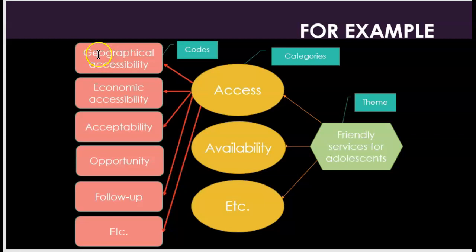Let's say, for example, you have geographic accessibility, economic accessibility, acceptability, opportunity, follow-up. All of these things relate to access, so they could be collapsed down into a category called access. You have other codes that go into the category of availability, and then other codes that go into a category of etc. The idea here is that you are finding codes that uniquely can fit into this category.